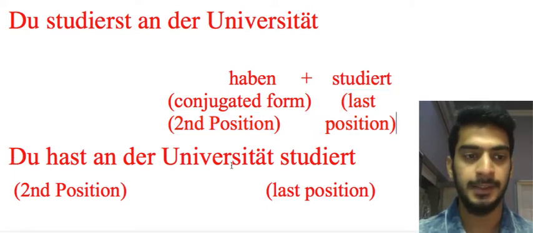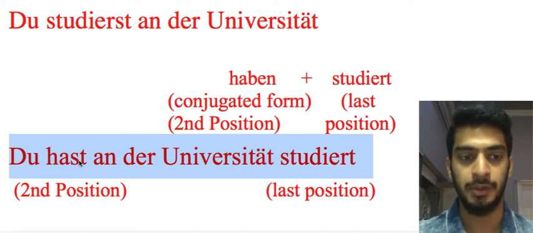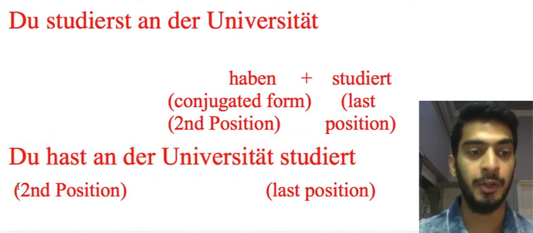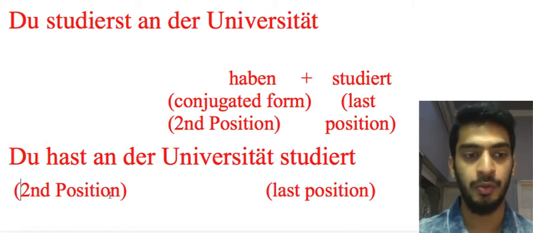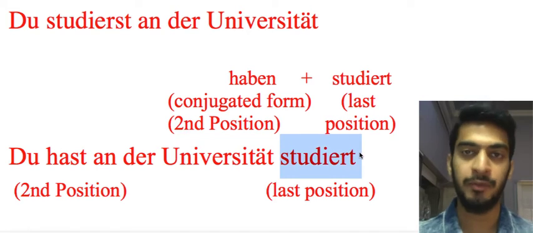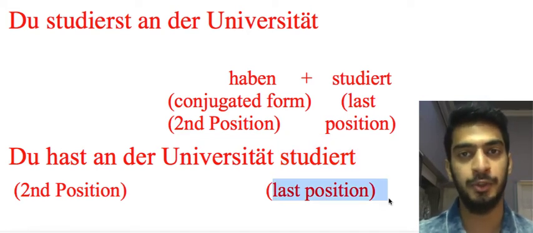The perfect tense, du hast an der Universität studiert. Hast is the conjugation of the verb haben with the pronoun du. So, the verb is at the second position, and studiert, which is the perfect form of the verb studieren, keep it at the last position.